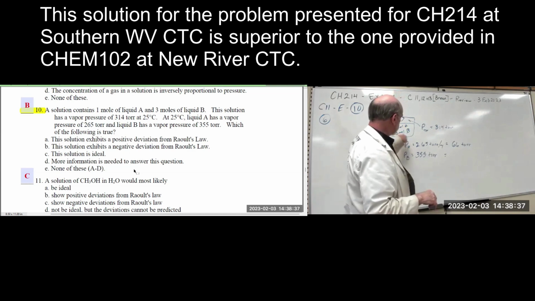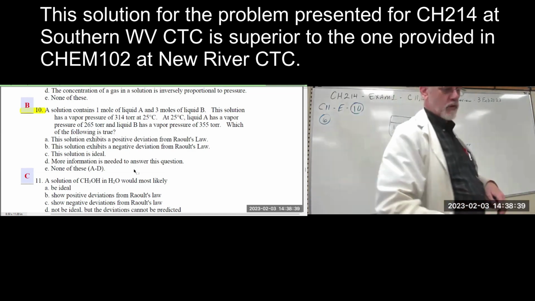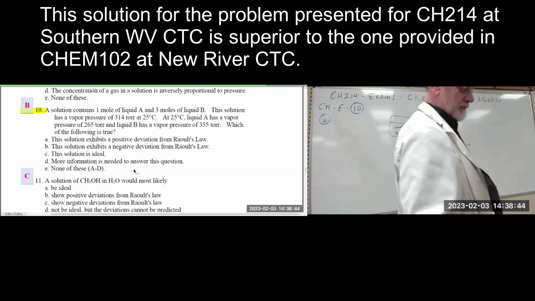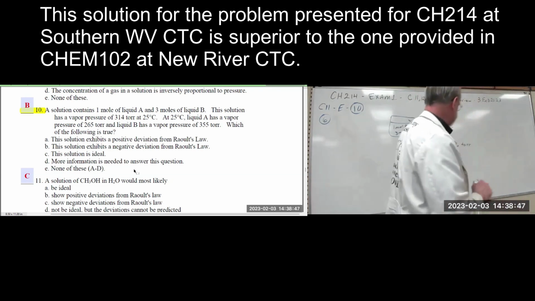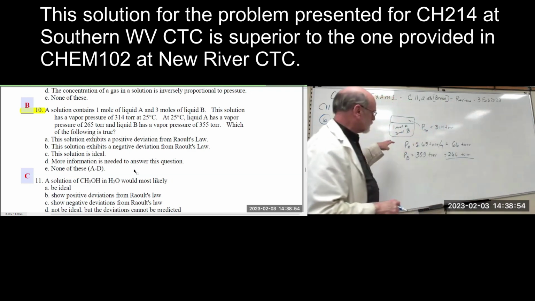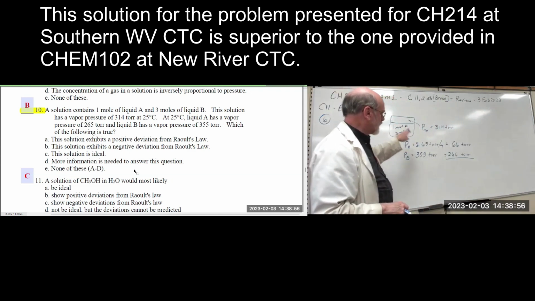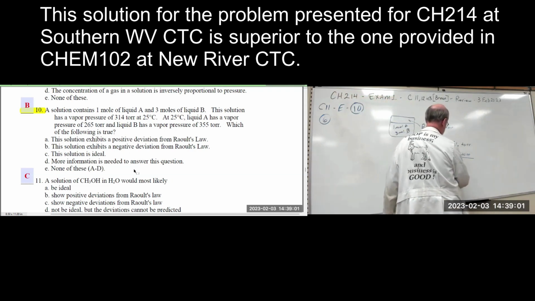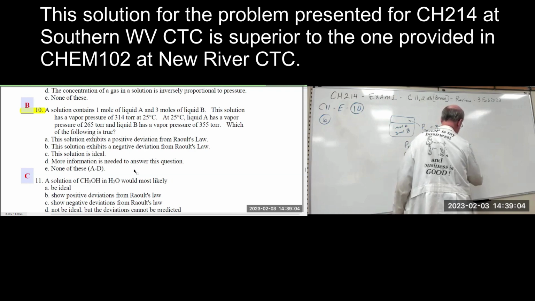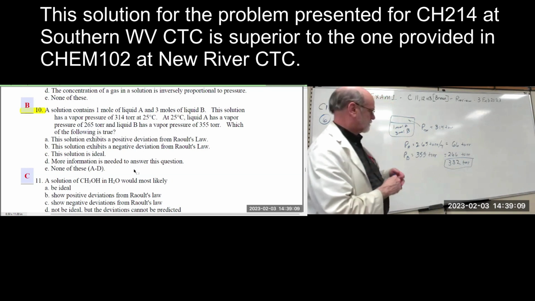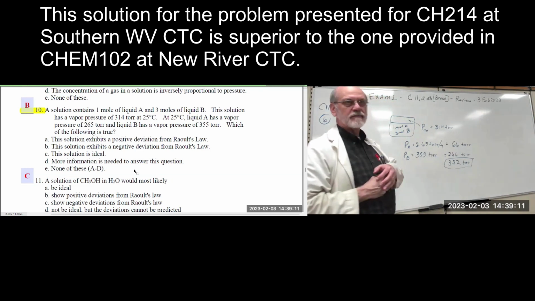Contribution of B is 3/4 of 355. Is 266. So if this were an ideal solution, then the vapor pressure would be the summation of these two, 332. So it should be 332 torr if it were ideal.